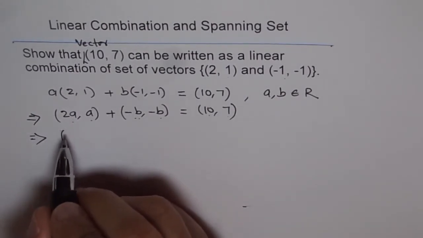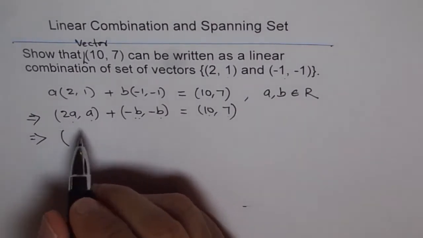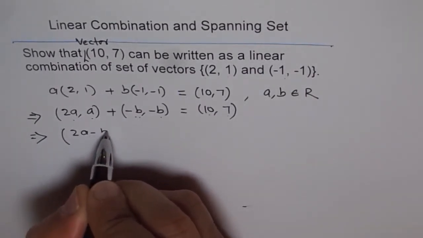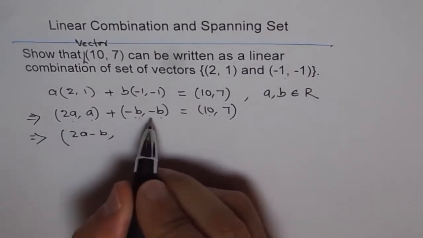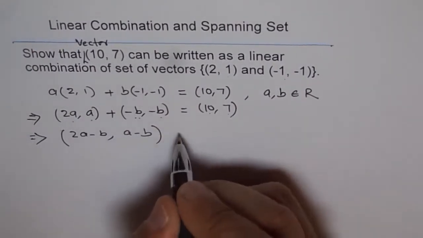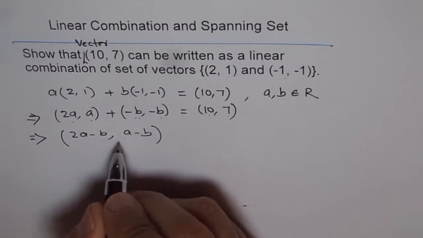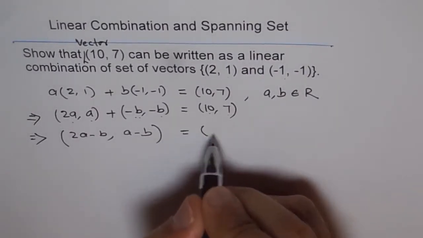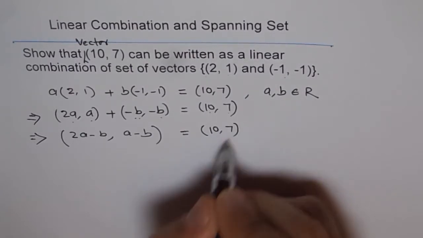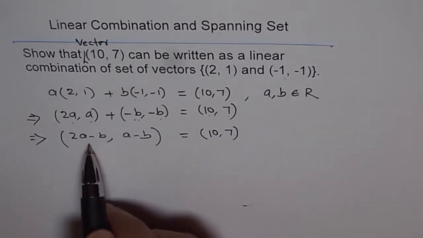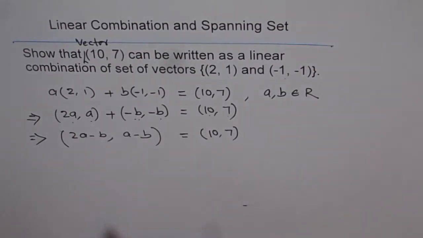So we get the vector (2A - B, A - B) on the left side equals the vector (10, 7). Now if these two vectors are equal, then their components should also be equal, correct?